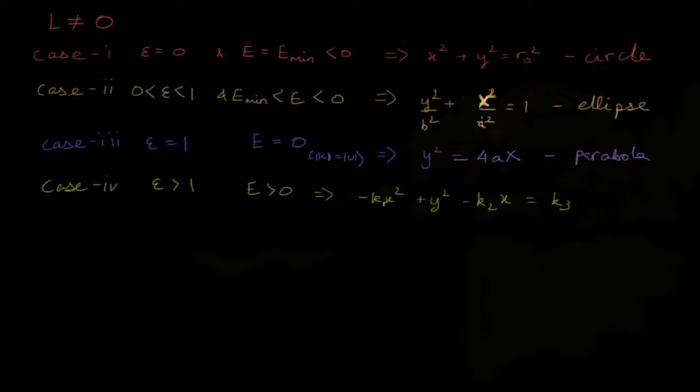Again, I just had to do the same thing which I did for the ellipse as well, dividing everything by k1. Oh, I forgot the 2 over here, so there's a 2. So again, I just had to complete the square, and in the end, skipping to the finish, y square over b square minus x square over a square is equal to 1.